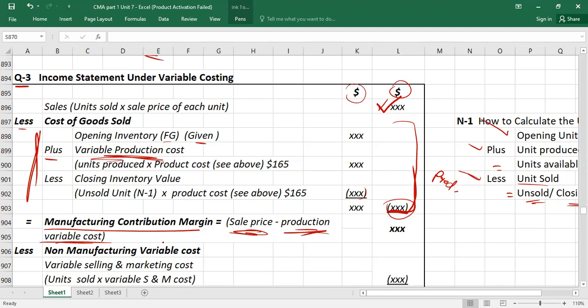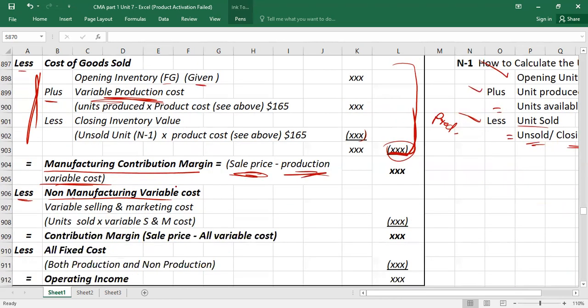Understood? Okay, that way I will explain. So then what do we have here? You have to read the heading. What is the heading? Less non-manufacturing variable cost. What does it include? Non-manufacturing variable cost like selling cost, you might have salesman commission. So guys, now please focus with me.